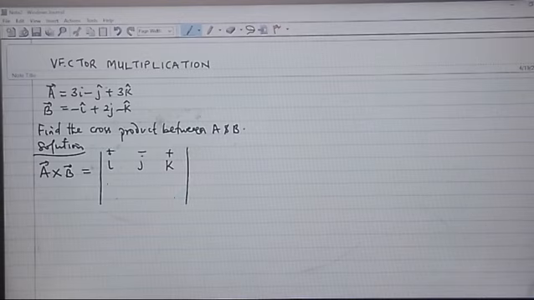So this is AX is 3. So we write 3 there. AY, the coefficient of J is minus 1. So we say minus 1. That of K is 3. Go to that of B. You have minus I. So the coefficient there is minus 1. Say minus 1, 2, and minus 1.